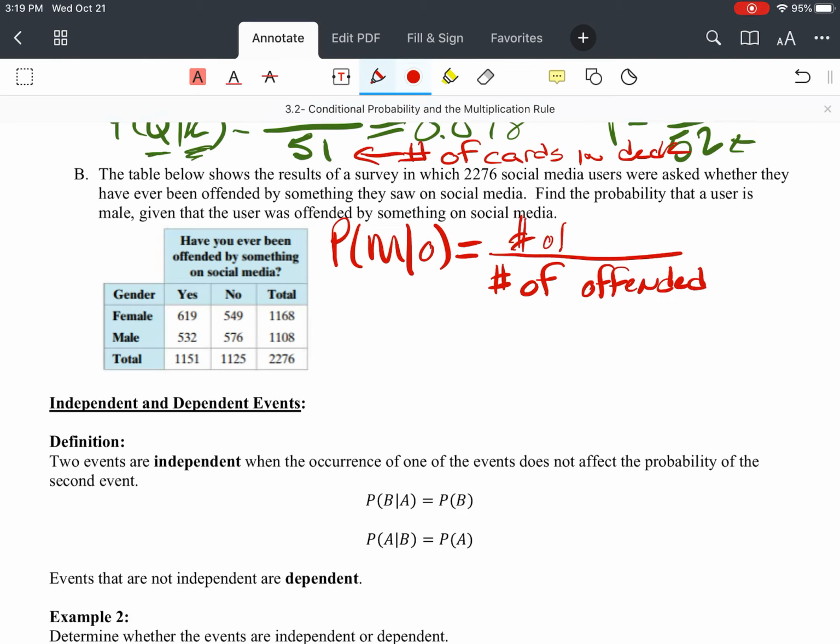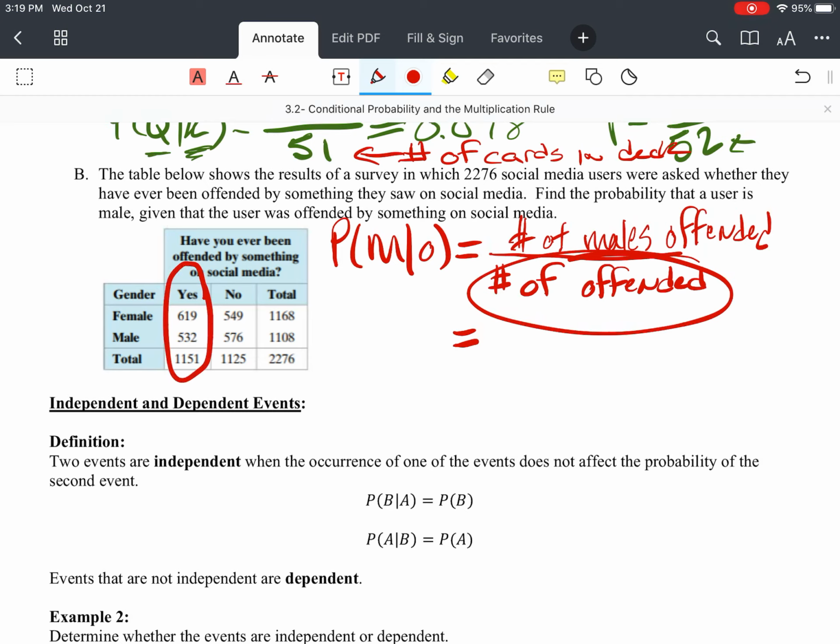And then the top is going to be the number of males that were offended. Notice that it's the number of males offended out of the total offended, so we're looking at this column here, the ones who said yes, I've been offended at some point.